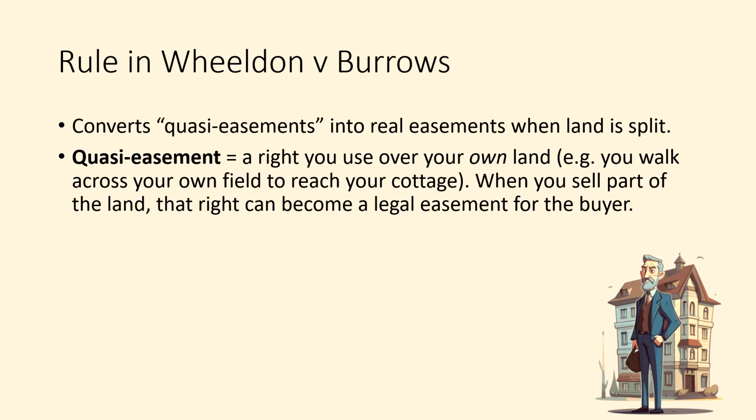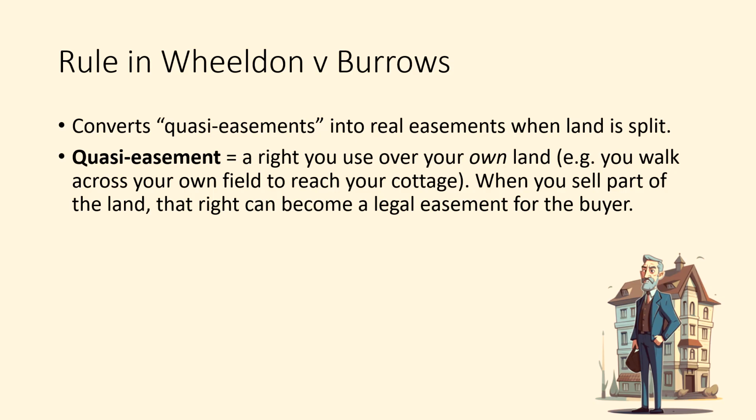So a quasi-easement is a right that could actually be an easement, has all the functions of an easement, like walking across a certain path to a field or something like that. But the matter is that there's no dominant and servient land.